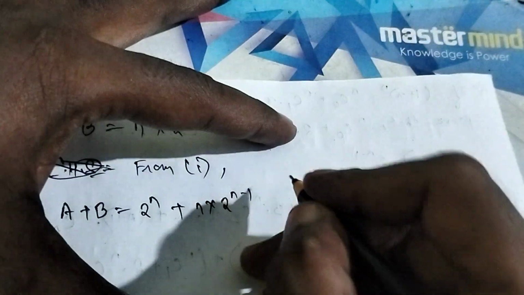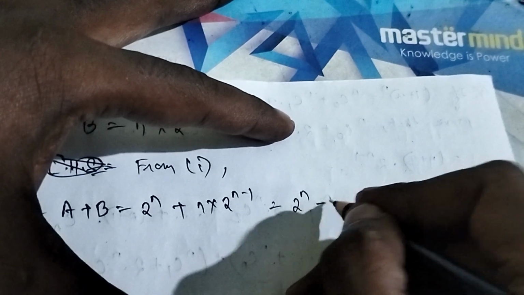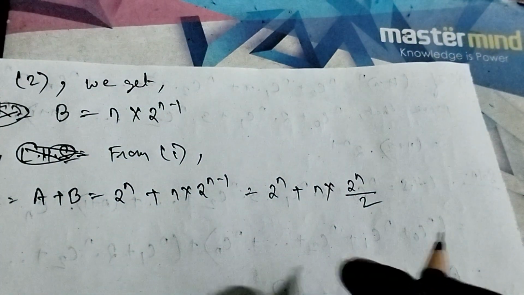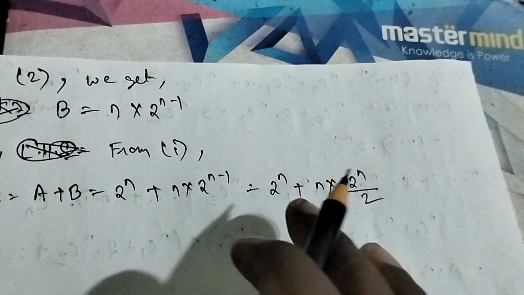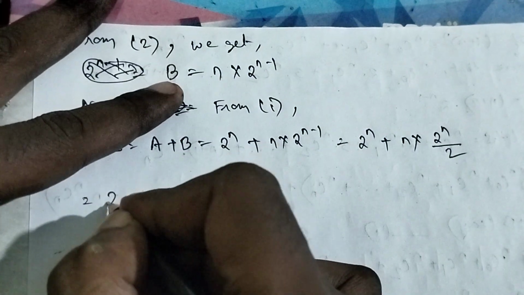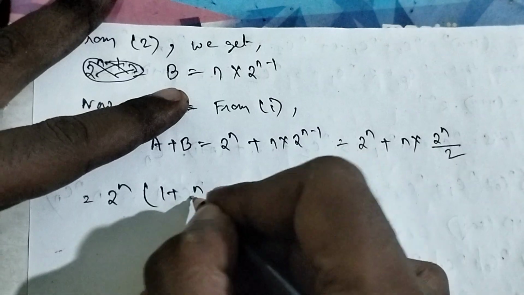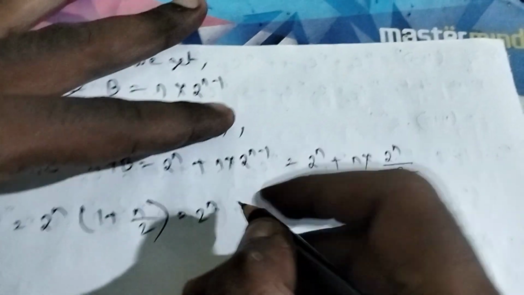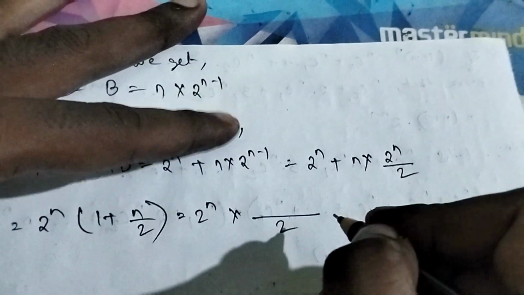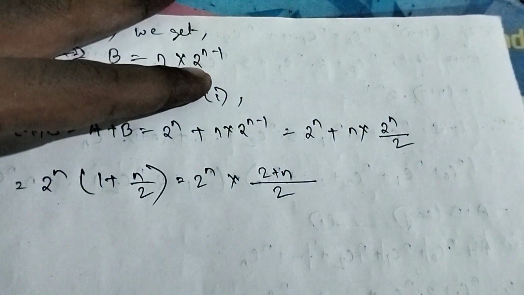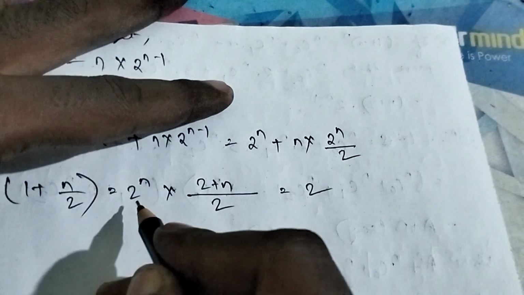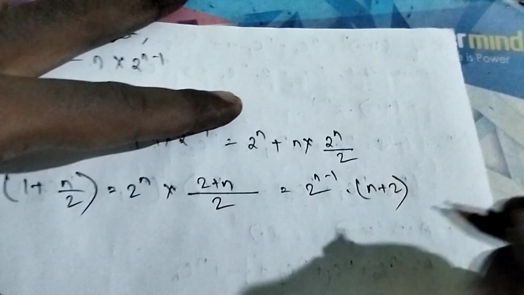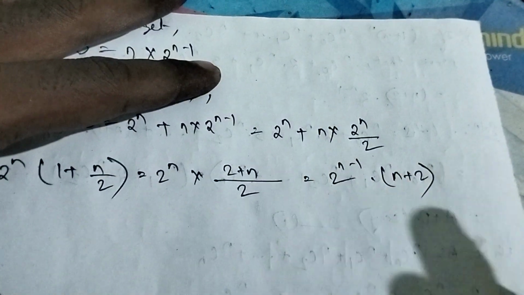Okay, so here is 2 to the power n plus n into 2 to the power n by 2. So here I will take 2 to the power n common, 1 plus n by 2. Okay, so 2 to the power n by 2 into 2 plus n. 2 to the power n by 2 can be written as 2 to the power n minus 1, and 2 plus n can be written as n plus 2.